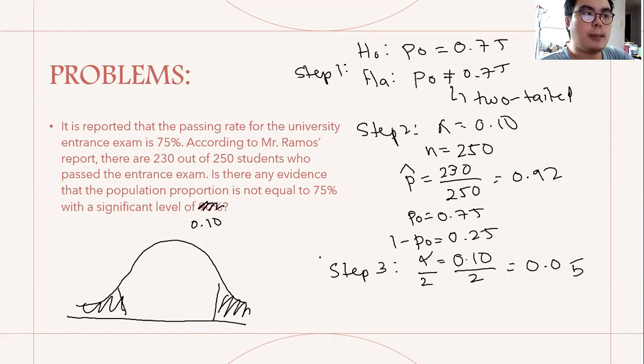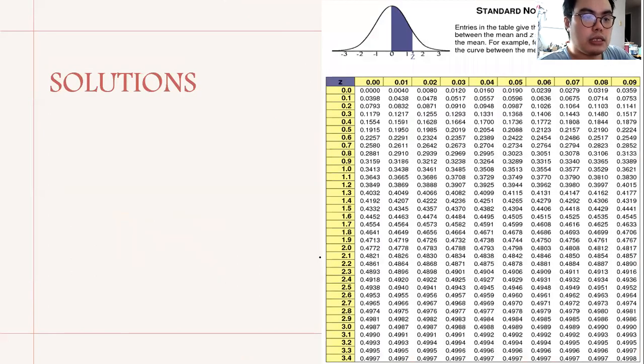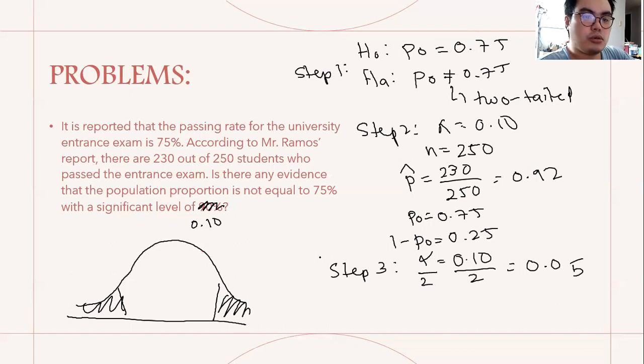So based on the Z table, but before basing on it, what we are going to do is 1 minus 0.5, okay, 0.5 minus 0.05, which is 0.4500.